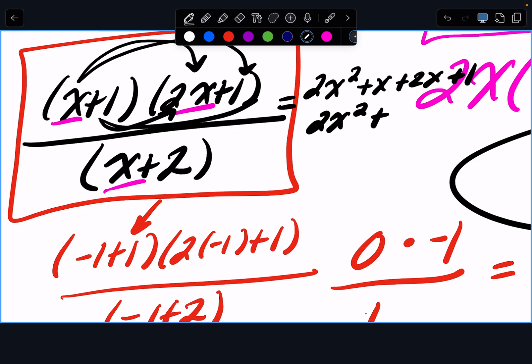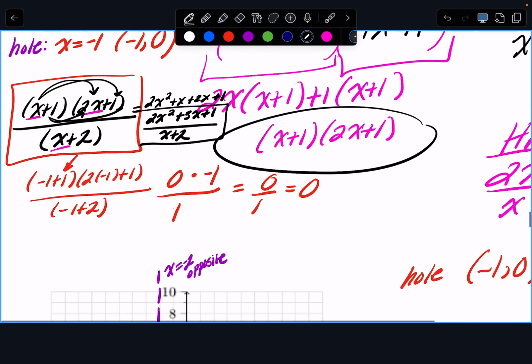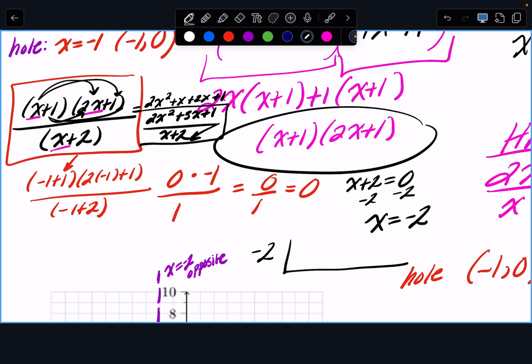So on top we have 2x squared plus 3x plus 1 divided by x plus 2. Now I'm set up for synthetic division. So we would set the bottom, x plus 2, equal to 0, and solve. So x equals -2. We then do synthetic division with 2, 3, 1.